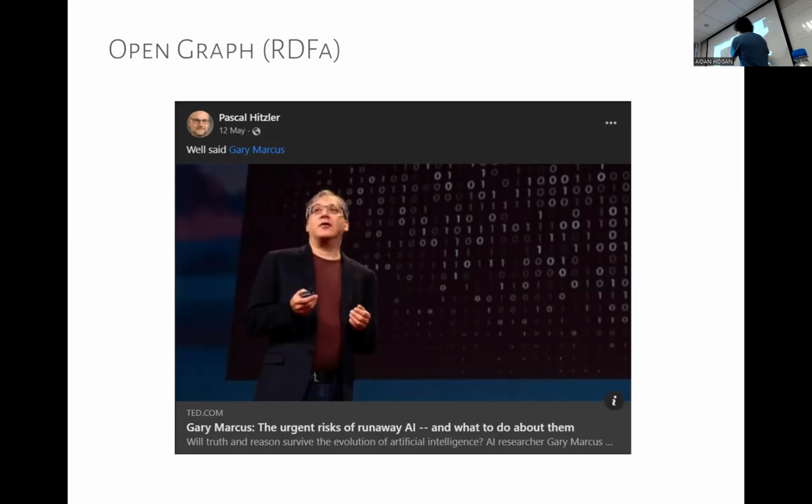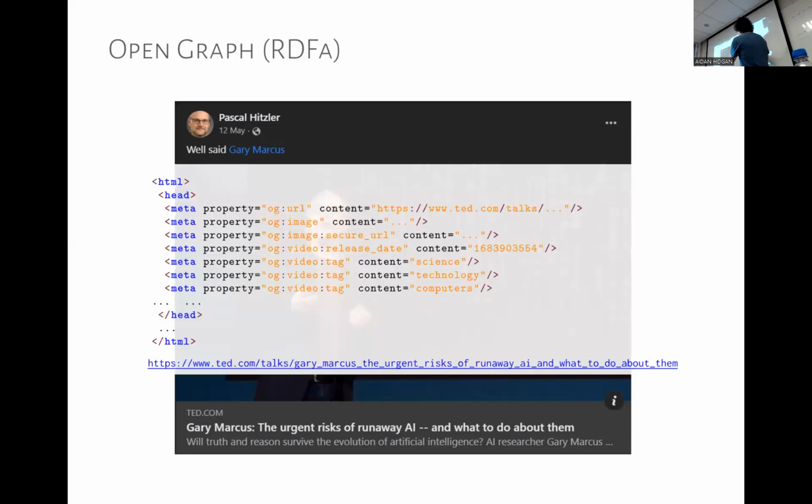And that's because if you go to that webpage for that TED Talk and look within the head of the HTML document, you'll find this metadata, which uses OG, which refers to Open Graph, that states this is the URL of the webpage, this is the image you should use, this is a secure URL, this is the date it was released, and these are some tags for what the page is about. So that helps Facebook.